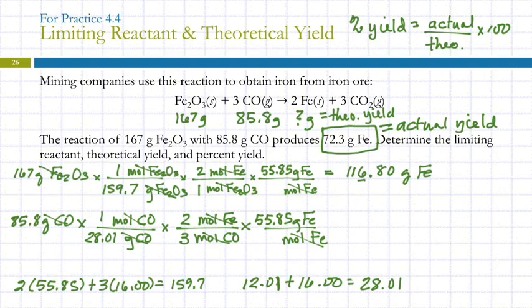So 85.8 divided by 28.01 times 2 divided by 3 times 55.85 equals. Again, 3 significant figures, 114.05 grams of iron.